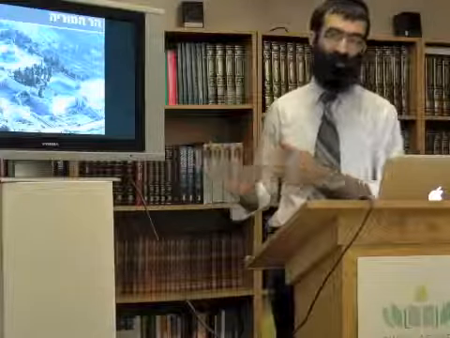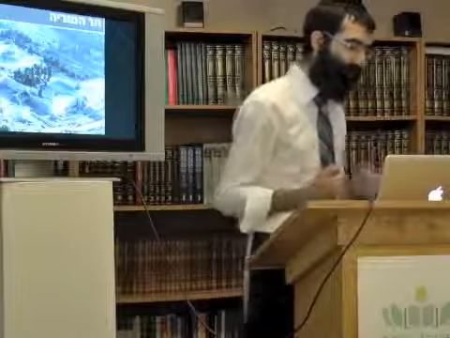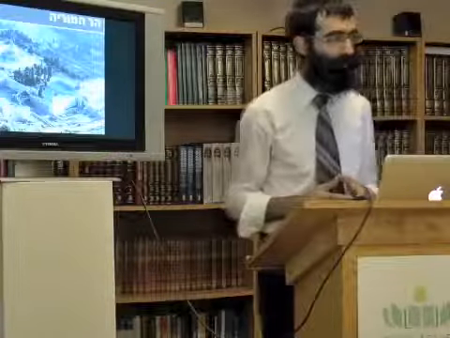So this is actually something we're going to discuss a bit later, but before, let me back it up. This mountain, whatever mountain, is also called Har HaMoriah, Mount Moriah.